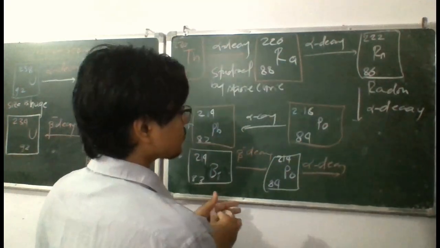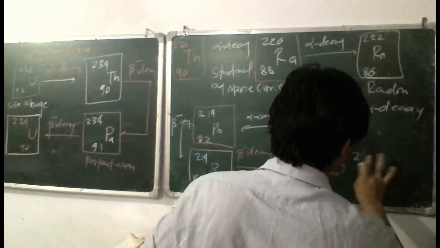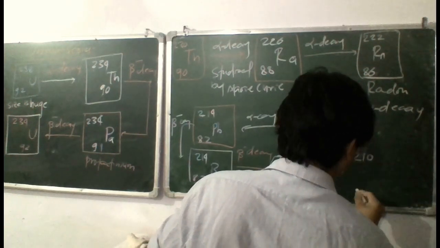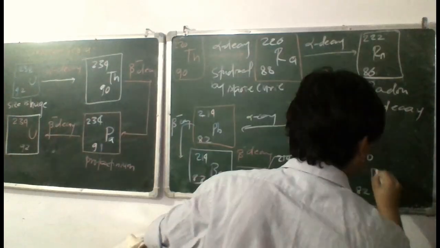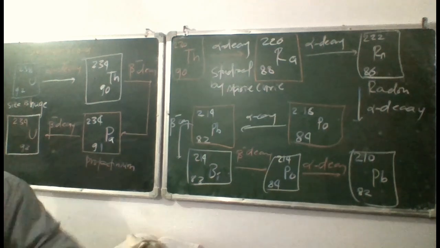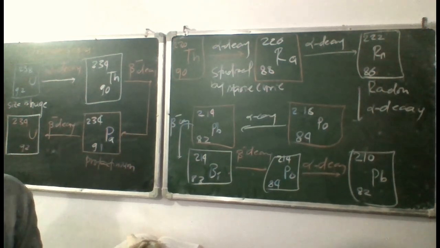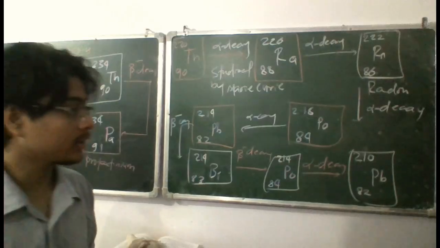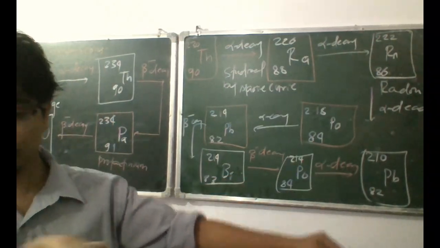alpha decay, and it would result in 210 and 82, and 82 means lead. We have got another isotope of lead, lead 210.